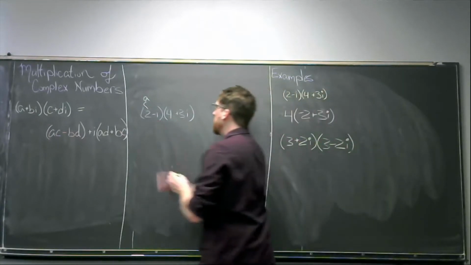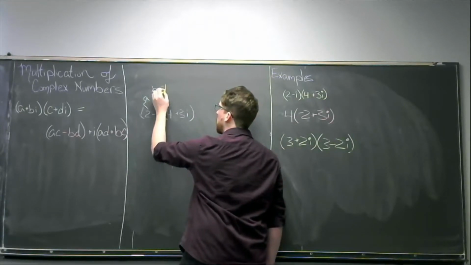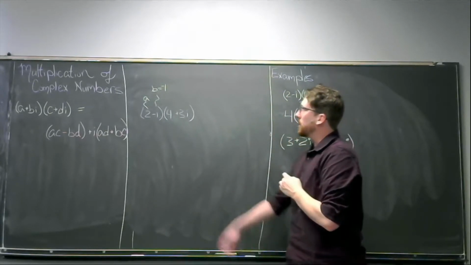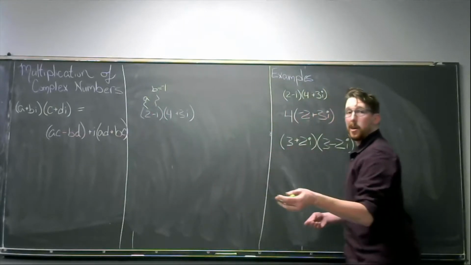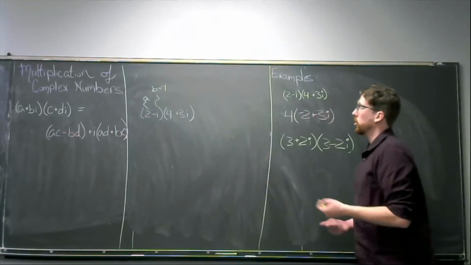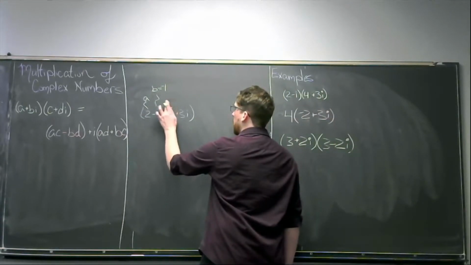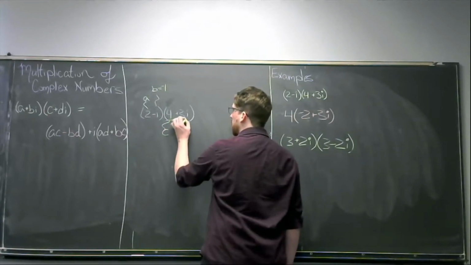Our second value is b, and that's going to be equal to -1. Why is that? Because it's minus i, right? So it's like saying b is -1. Okay. This 4 here, that's our c. And this 3 here, that's our d.